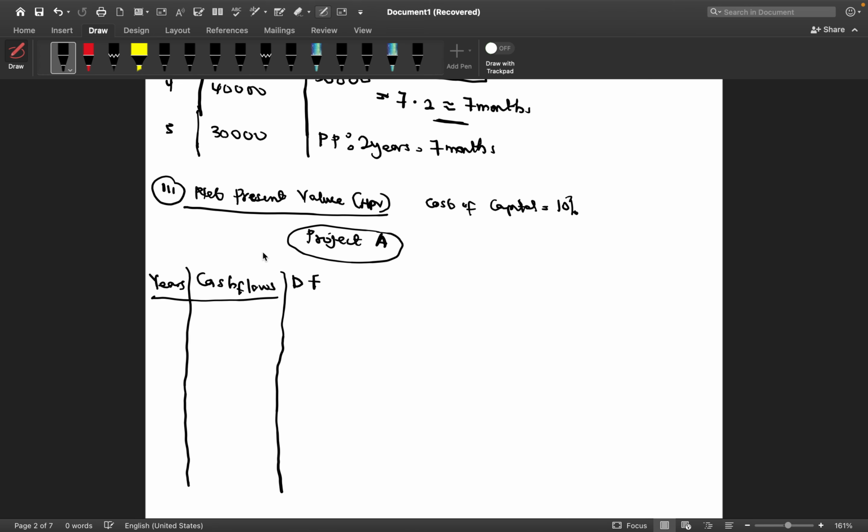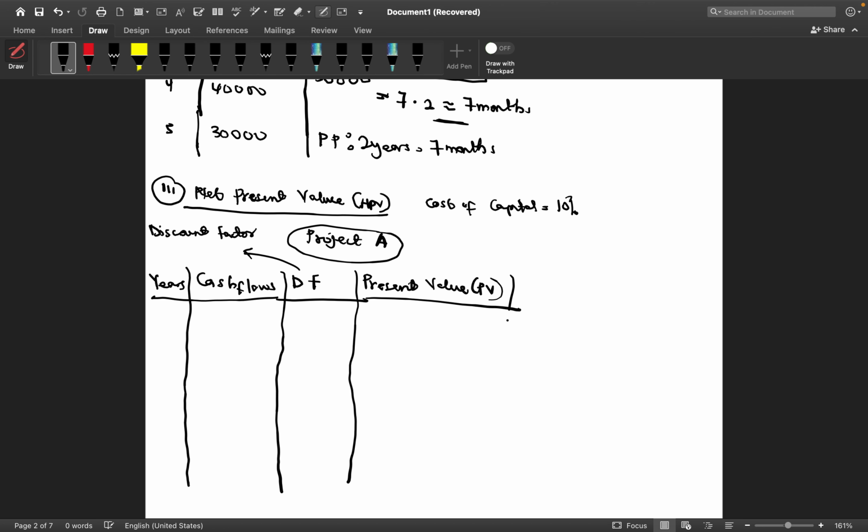So I'll do DF, so the DF here stands for discount factor. Then the last column is what we call the present value. So basically with the NPV, this is the table we need: years, cash flows, discount factor, present values.